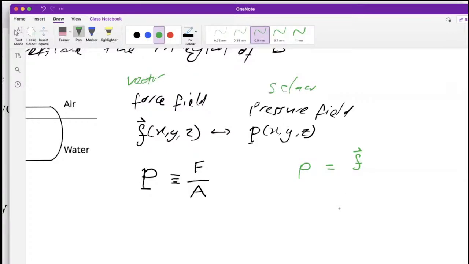So what do you do? How do we make this? So P is F over A. Later on, this is going to be like a small delta A, but I'm just going to keep it at like before, like this too. So what do you think?